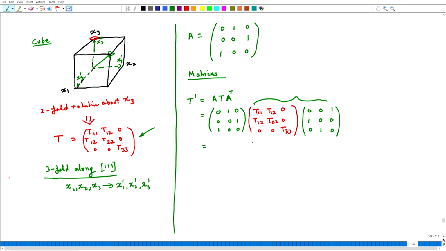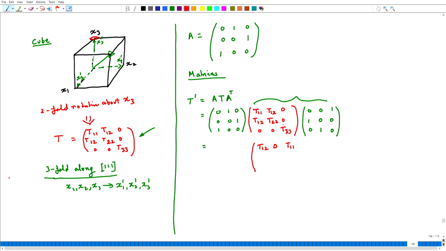So, what am I going to get? First row into the first column, I will get T12, then first row into the second column I will get a 0. First row into the third column, I will get T11.